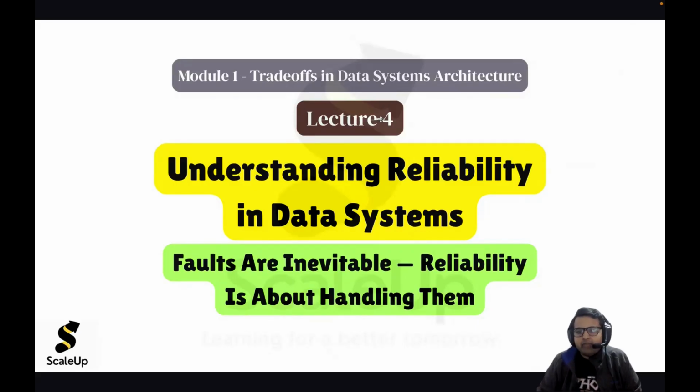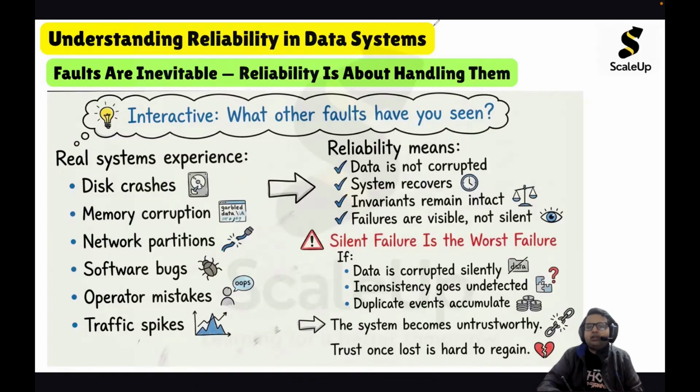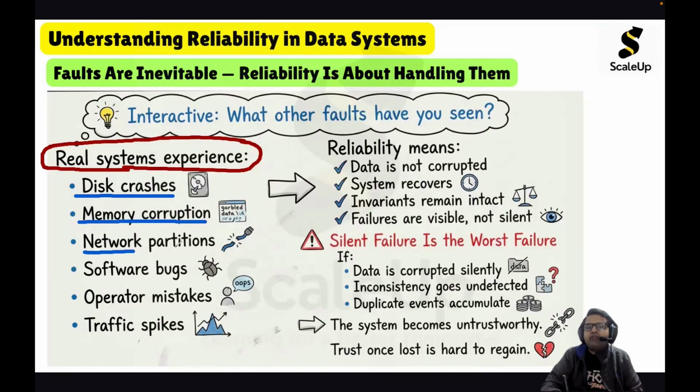Faults are inevitable. Reliability is about handling them. We have been discussing this point in this course: real systems are not perfect, faults are inevitable. Real systems do experience faults and hence failures.